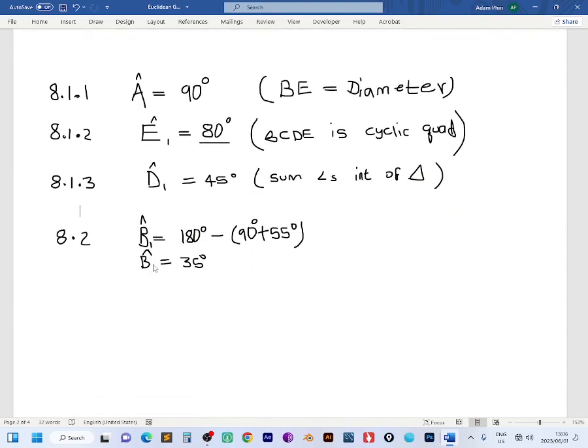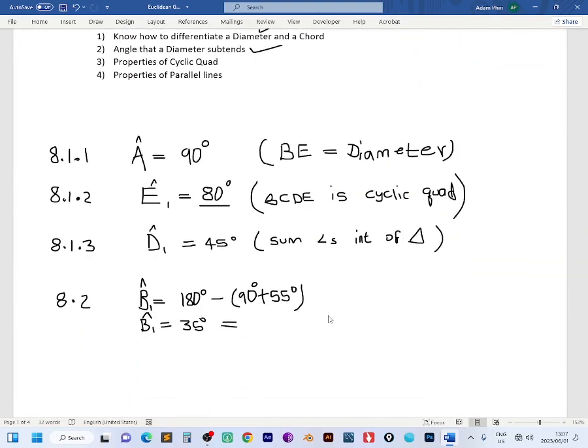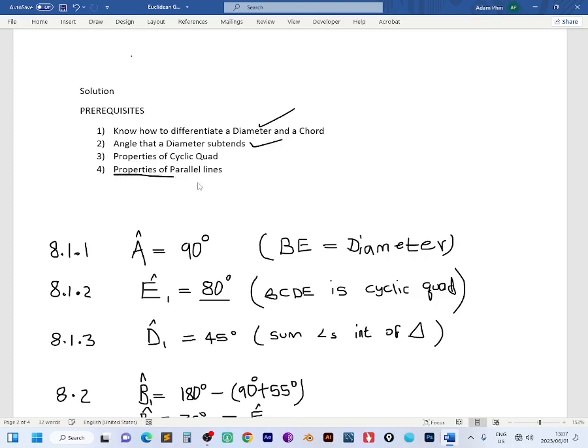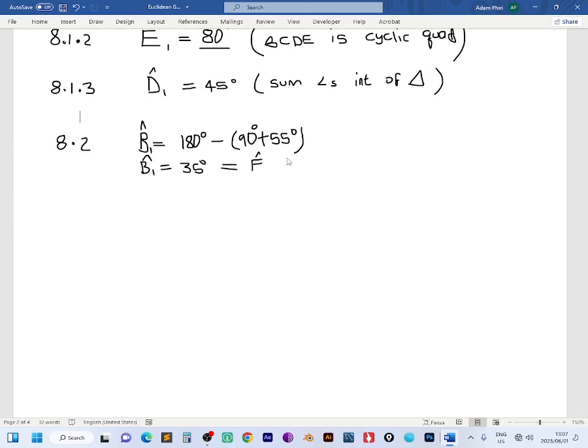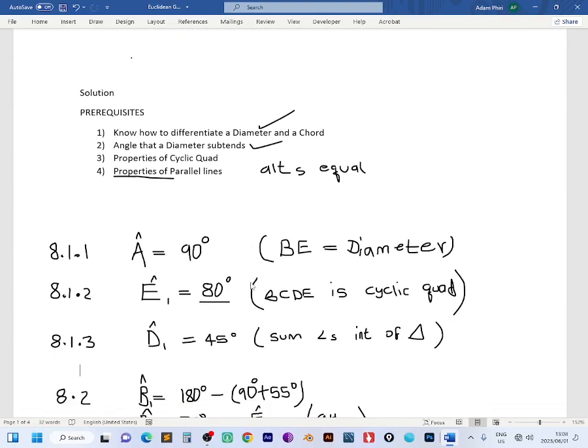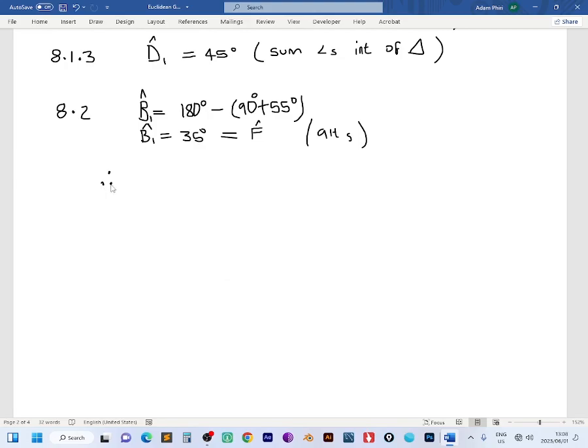So once again, we see that the angle there is equal to the angle F. So that is angle F there. Angle F, properties of parallel lines: the alternate angles are equal. You can see, remember to pause the video to have a clear view of what is happening.